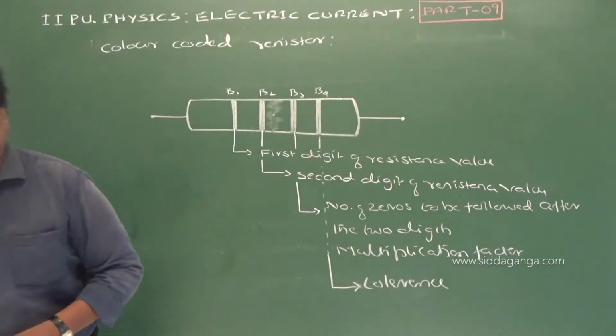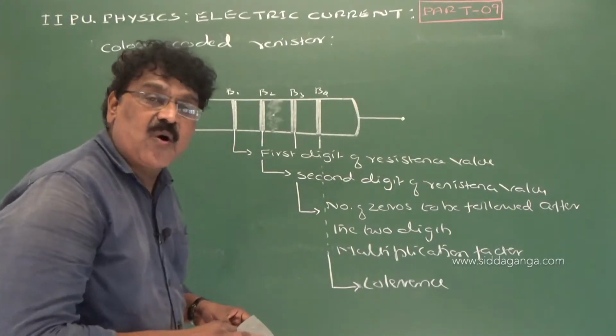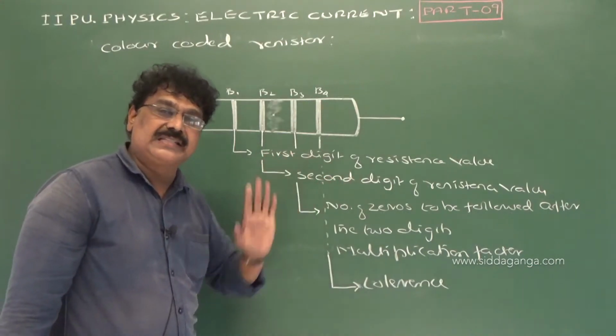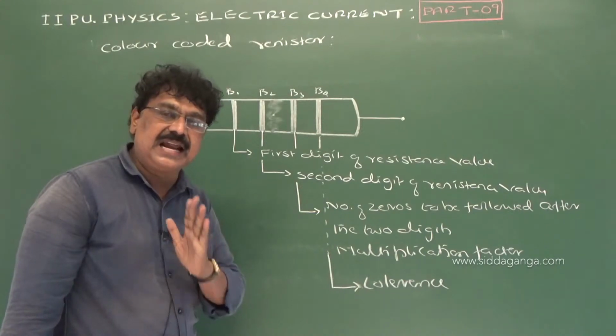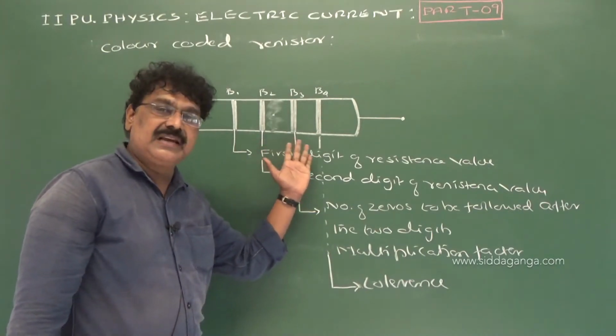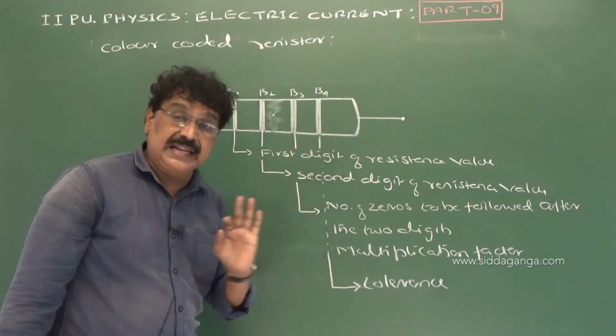Then how do we decode the color-coded resistance, or obtain the value of resistance and tolerance using color-coded resistors?